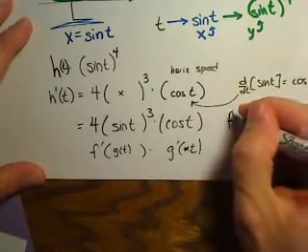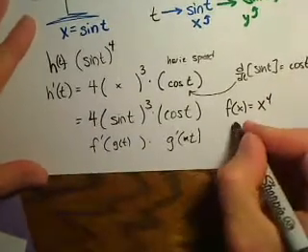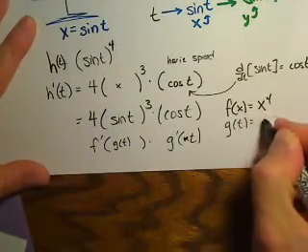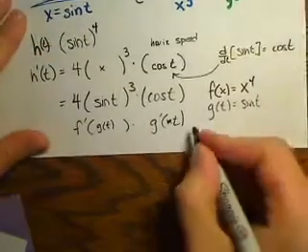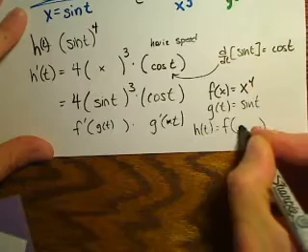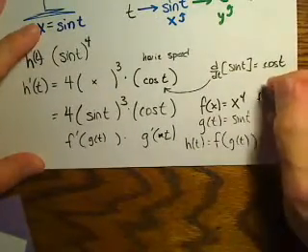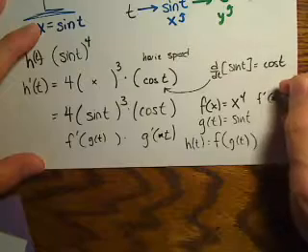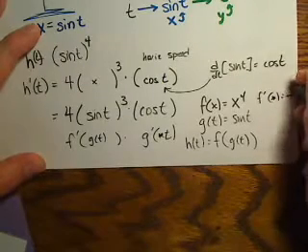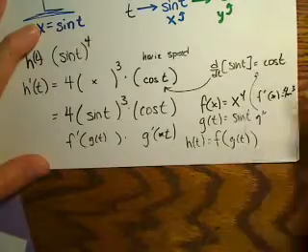Because f of x is x to the fourth, g of t is sine of t, and our h of t is f of g of t. So here's our f prime, of whatever the input is, 4 times that input cubed, and our g prime is, well, what I have up there.